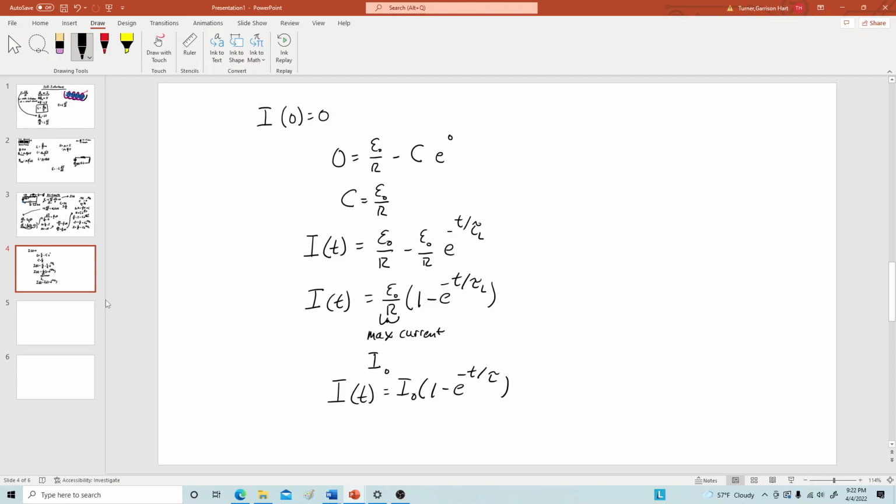If I were to graph this, it looks like this. This is not an exponential decay curve, and this is not an exponential growth curve.